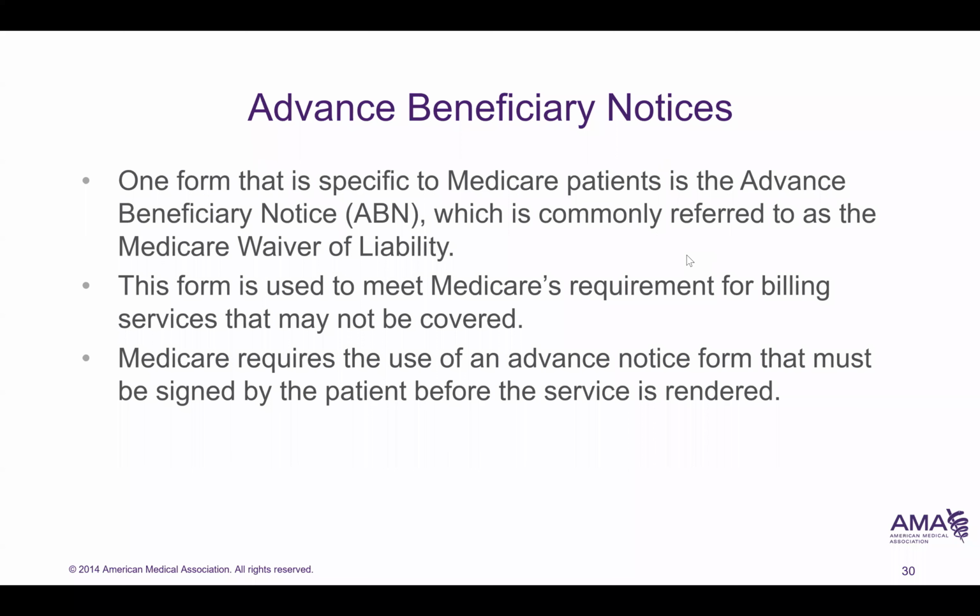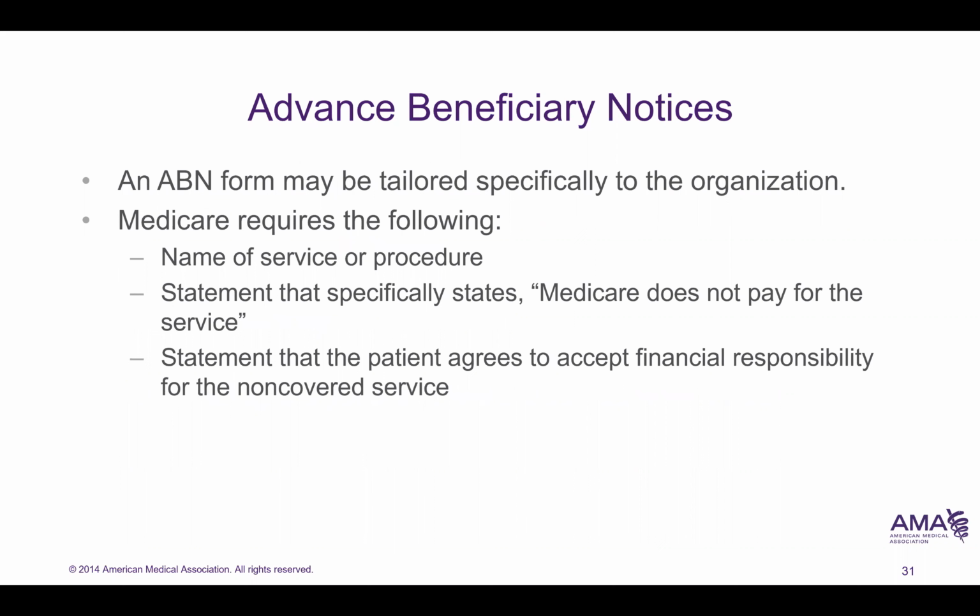Advanced beneficiary notices, you can kind of think of these in terms of consents, except they're dealing with Medicare for payment, right? Has to be signed by the patient before any services are rendered. And an ABN is tailored specific to each organization.